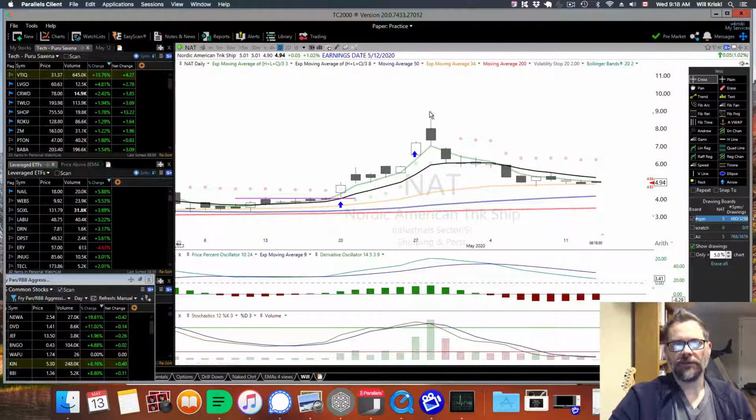Let's say you held it through this and it came way down here. At the end of the day, you have this shooting star, a pretty negative reversal sign. Then it gaps down like this. Even though you generally want to wait till it closes below the 8 EMA before you sell, and this was pretty close, it opened and went up right to the 8 EMA, when you see a gap down like that, you could probably get out. You can always buy back in if things reverse.